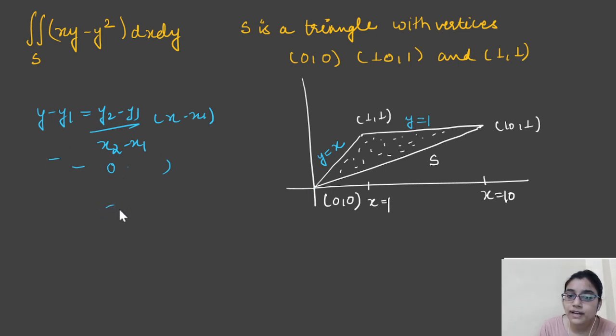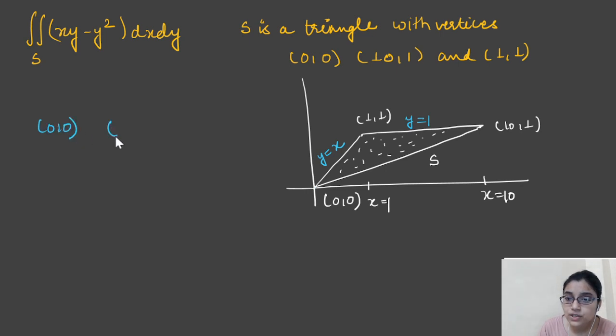Then you have to find the equation of the third line also. And what is that line? That is passing through 0 0 and 10 1. So again, suppose this is your x1 y1 and this is your x2 y2. I am explaining in great detail so that even a student who doesn't know anything is able to find the equation of this line.